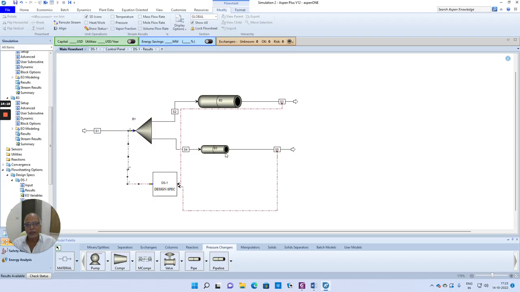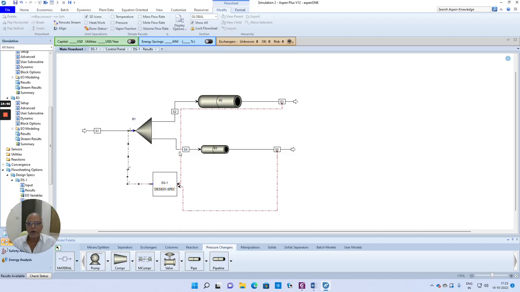Similarly, 40% is routed through the second pipe, and after solving this model, we will be able to know the pressure at the exit of the second pipe. Now, this design spec, after knowing the values of P1 and P2, is checking whether P1 minus P2 is equal to 0 or not. Otherwise, it goes back and adjusts the split fraction, which we started with a value of 0.6.